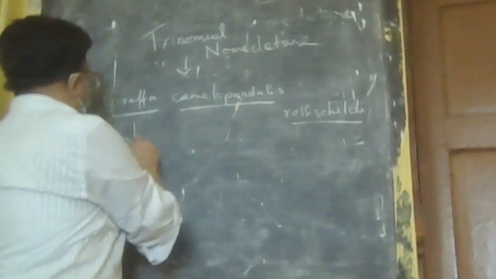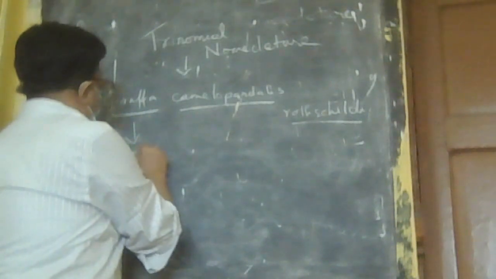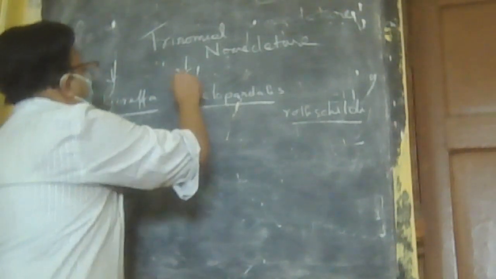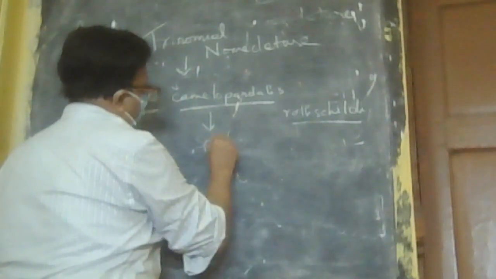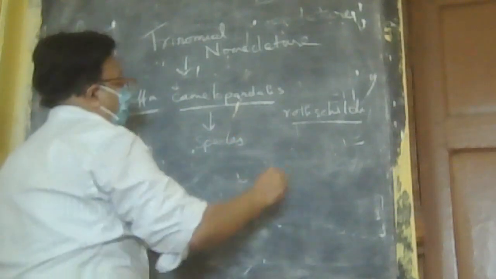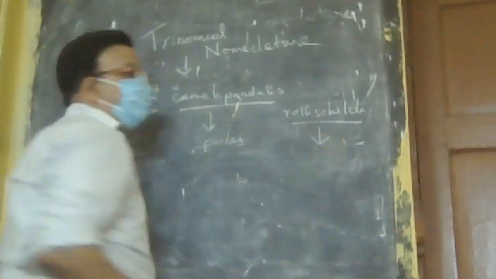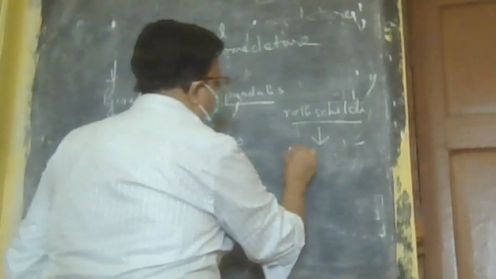This is genus, start with capital. This is species. And this is subspecies.